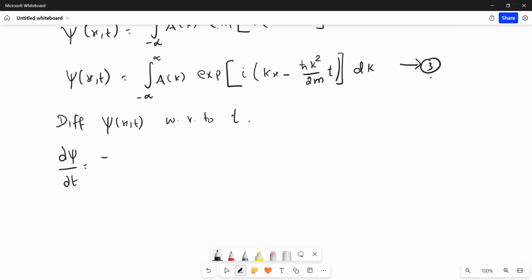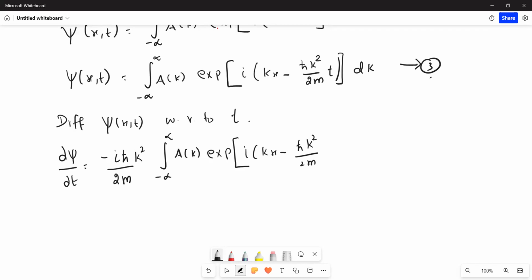If you differentiate it, you get minus i h cross by 2m, and k square is also there, then the integral over minus infinity to plus infinity of a of k, exponential of the full same term, kx minus h cross k square by 2m t, dk. This is equation number 4.